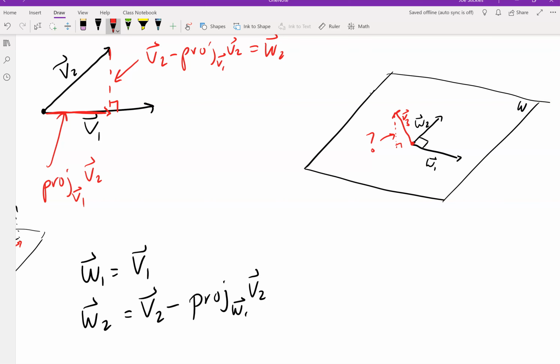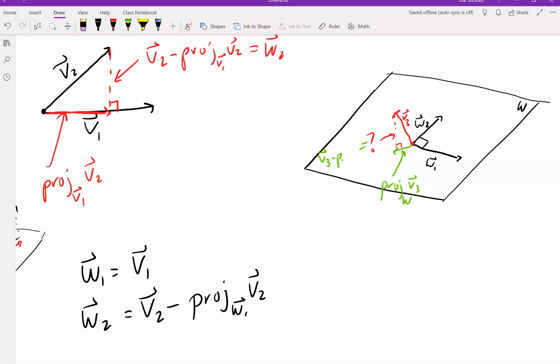All right. So the idea, of course, is that we need to figure out what this projection is here onto W. So we refer to this as the projection of V3 onto the subspace W. And so this question mark then will be V3 minus that projection vector.